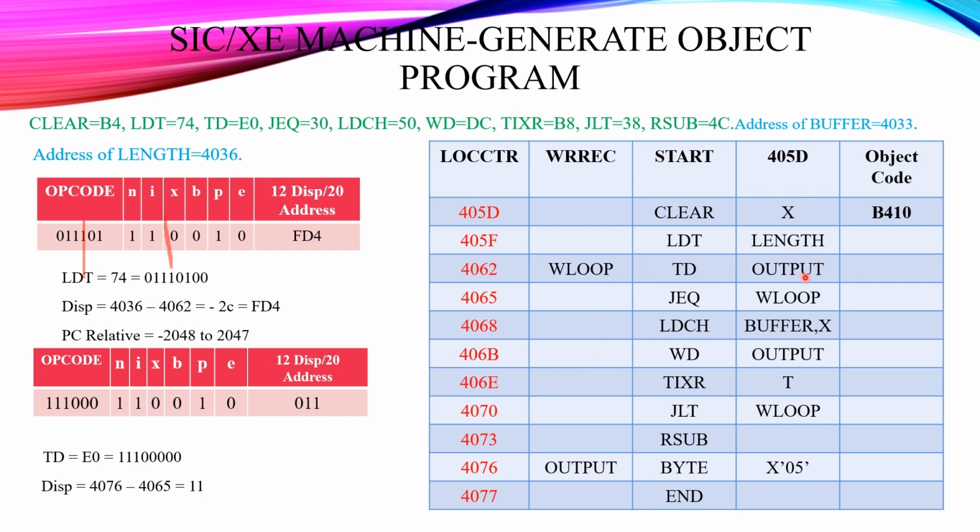We have to find the output value, which is 4076. We are finding the TD value, where the operand is output. The output value is 4076 minus the next instruction address, which is 4065. The next instruction address after the output is the 4065 location address.